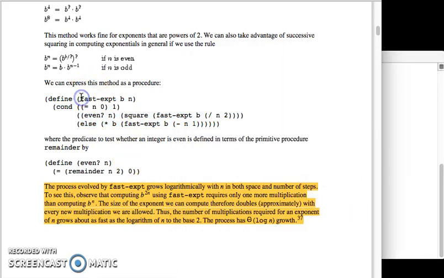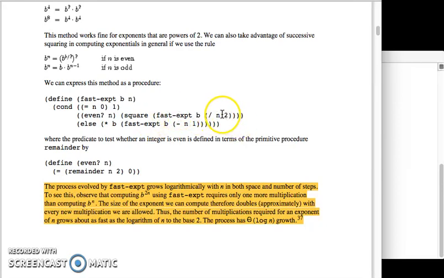Define the procedure fast-exponent that takes the inputs b and n to be a conditional that checks to see if n is equal to 0, return 1. If n is even, apply the square procedure to, and actually we'll just go from the middle out.